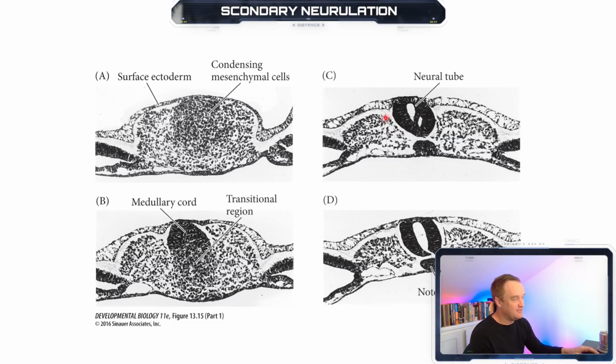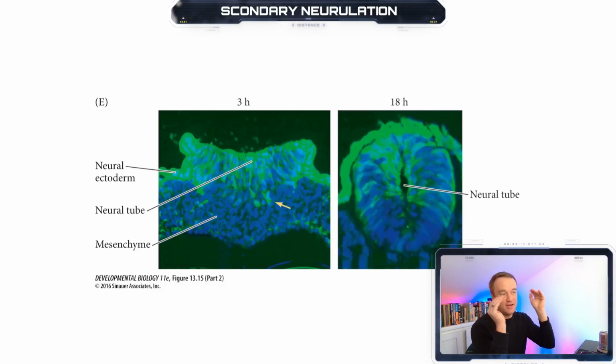The neural tube is cavitating, and the notochord starts to form. You can see there are two separate lumens here, interestingly, where it's not just one cavity, but then eventually they merge together. These lumens coalesce and form a central canal of the neural tube. So remember, this is different than the primary neurulation where we have just the folding.